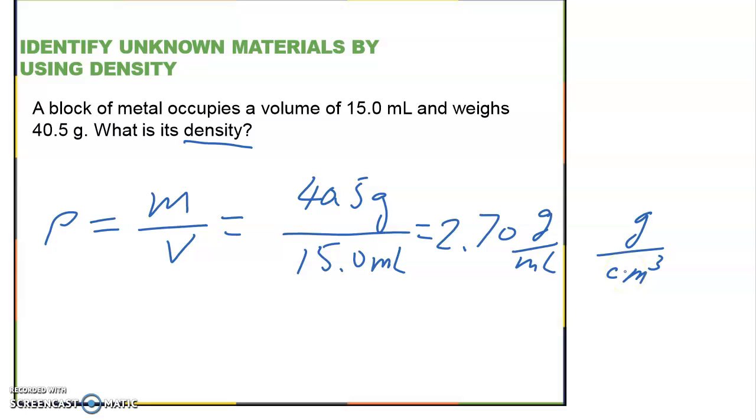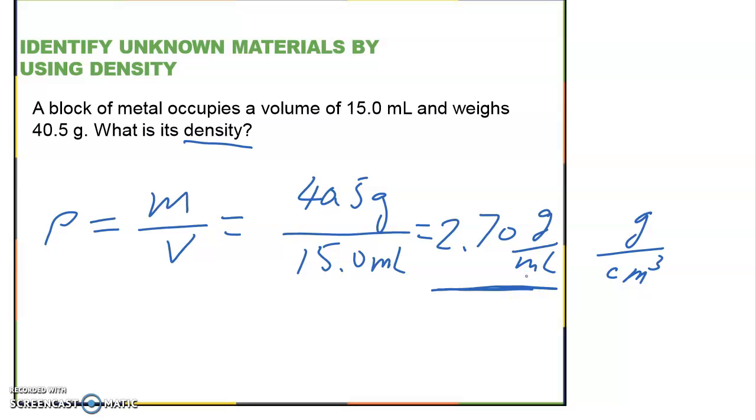Look at the title over here. It says identify unknown materials by using density. So how can we identify this material? It just says a block of metal. It did not say what metal it is. But now we know the density.